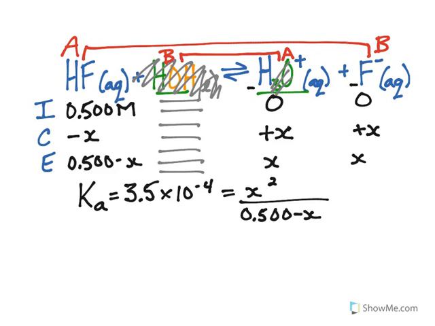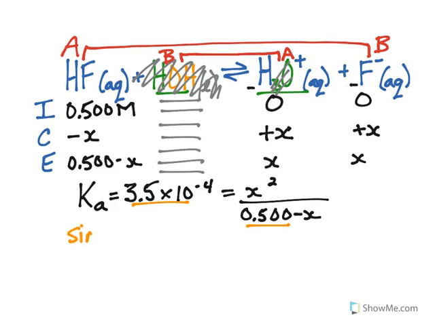Of course, we know that because this value and this value are going to determine what x comes out to be when you solve this equation, I can see that the 0.5 is quite a bit larger than my 3.5 times 10 to the negative 4. In fact, it is 1,400 times larger.